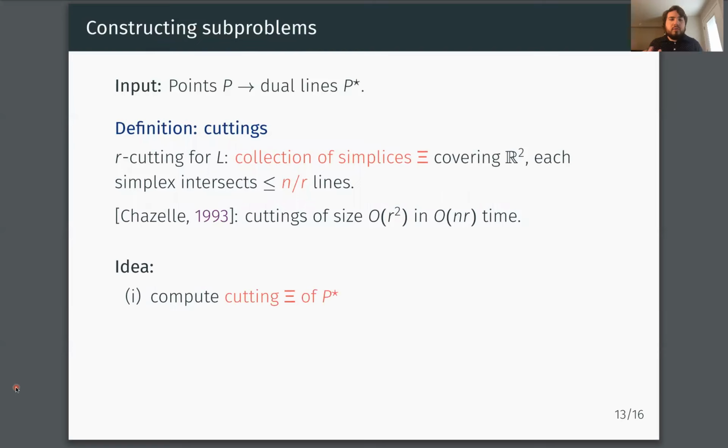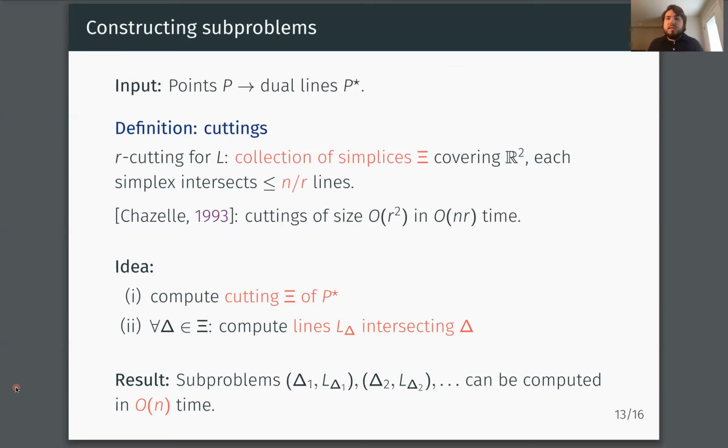So the idea is in the dual, we compute a cutting C of P star, which is our set of lines. And for every simplex delta in this cutting, we compute the set of lines L delta intersecting delta. And that's it. We've partitioned the constraints among these cells, right? Because each constraint in the dual corresponds to a vertex of the arrangement, and every vertex of the arrangement is going to be in one of these simplices.